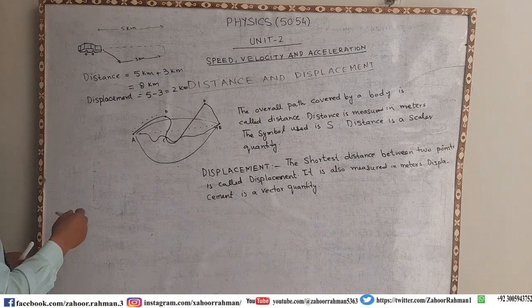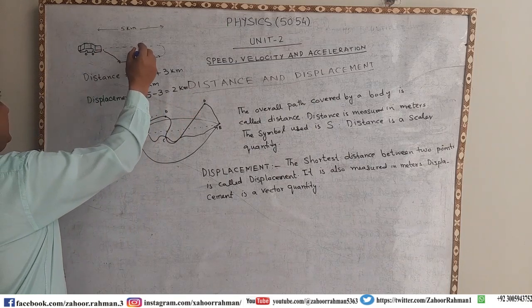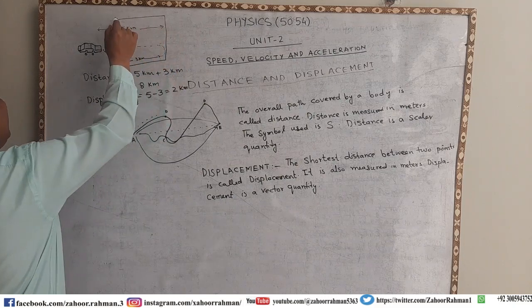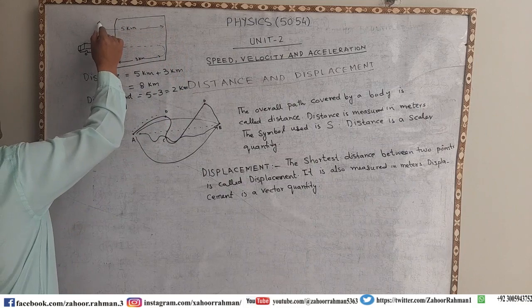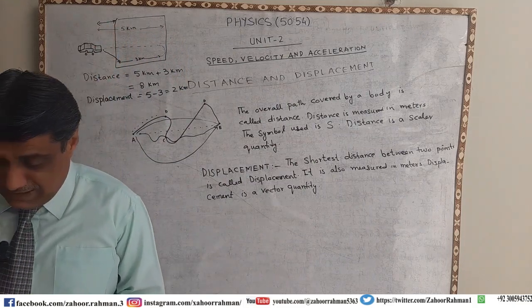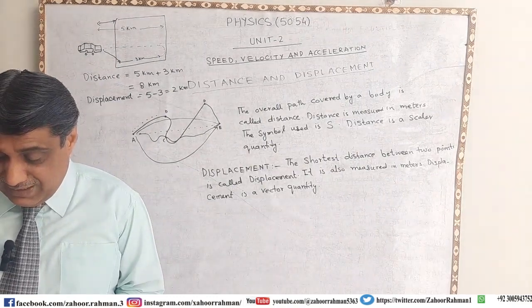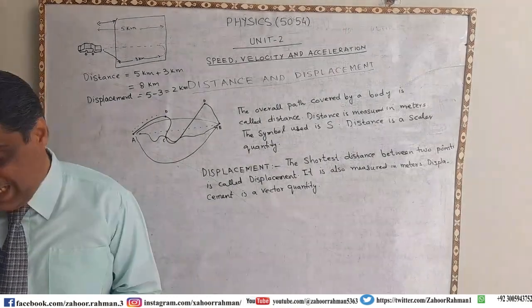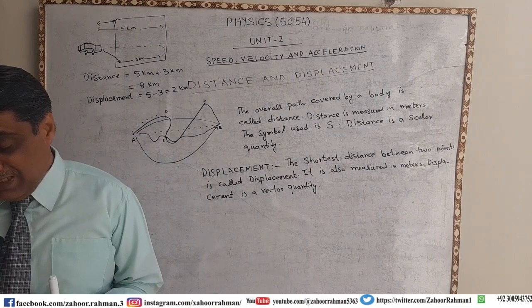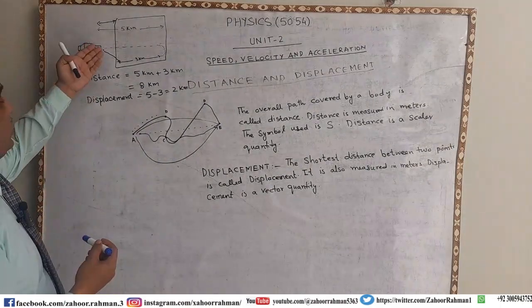And that will be equal, because this is 5 and we have to cut this much area of 3. So this much will remain, and that is the displacement. And you can see that it is towards what?